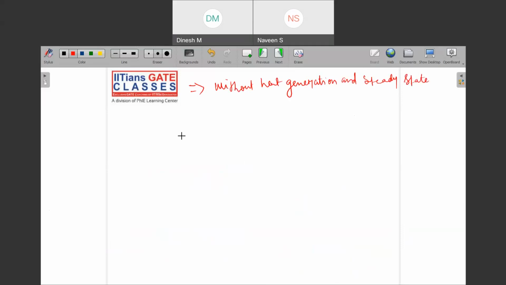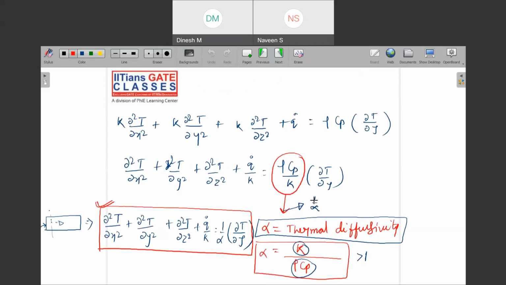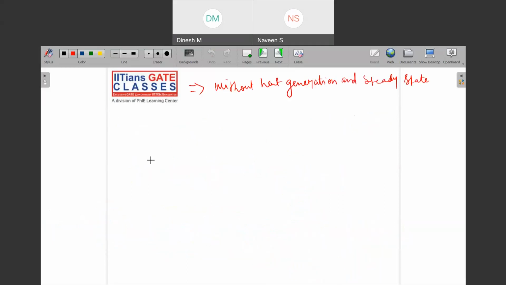If it is a steady state, then this temperature term directly becomes zero. Only if there is unsteadiness can it be differentiated with respect to time. And since there is no heat generation, can I say that del square T upon del x square plus del square T upon del y square plus del square T upon del z square is equal to 0?